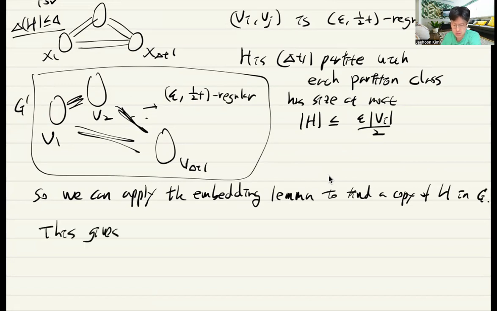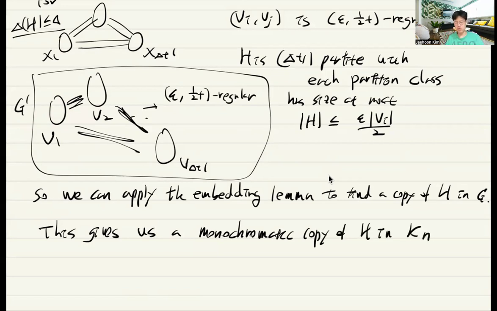This gives us a monochromatic copy of H in our two-colored Kn.